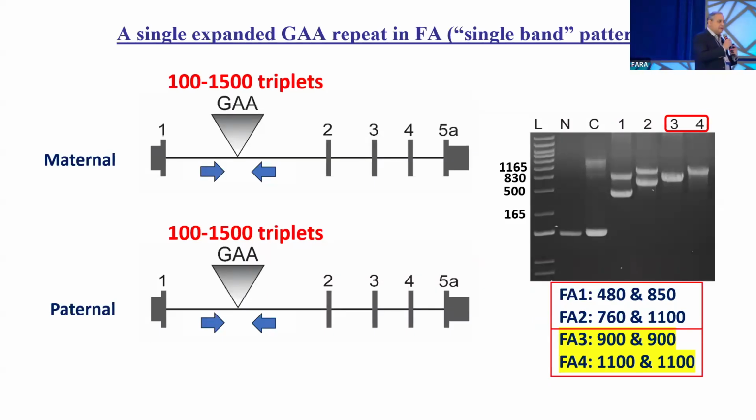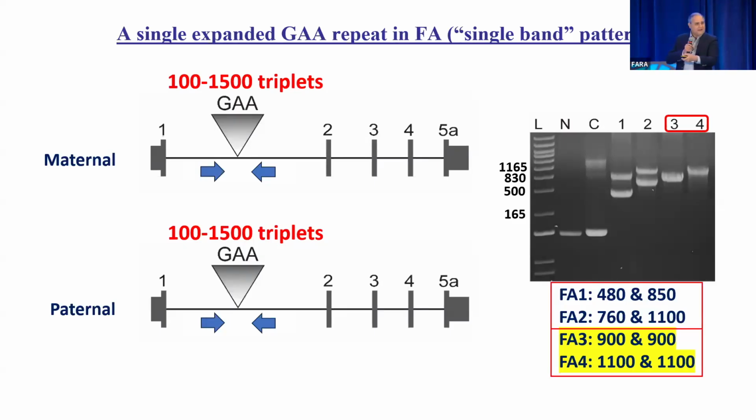And a diagnostic lab looks at this and says, because you have to have two genes, you must have 900 and 900, or 1100 and 1100, because they're both running right on top of each other, and they're not resolving into two separate bands. And so some of you who know your repeat lengths might actually know, I have 800, 800, or I have 1,000, 1,000, as opposed to two different lengths.